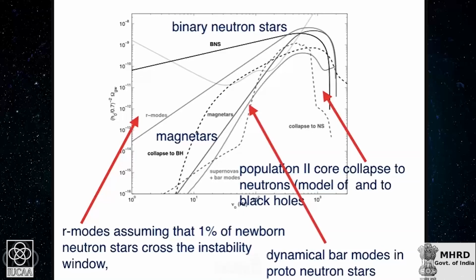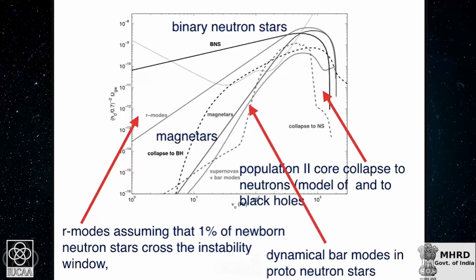Here on the x axis you have frequency, on the y axis some kind of representation of power, or essentially the amplitude of gravitational waves in that frequency band, and various detectors are also plotted. You can see the binary neutron stars or binary black holes which contribute a certain power spectral density.